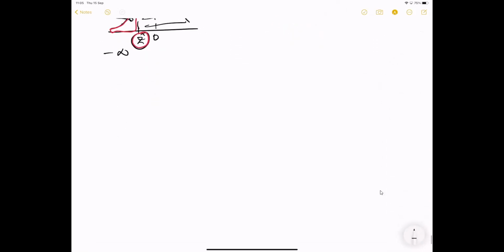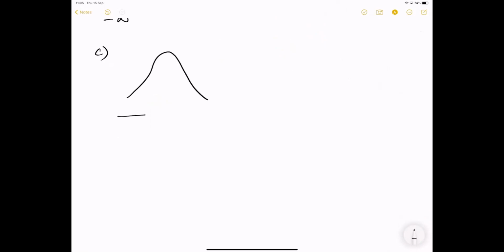So part C. The area to the left of Z is 10%. They are referring to the left side.